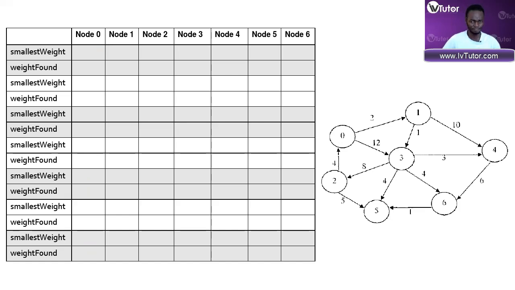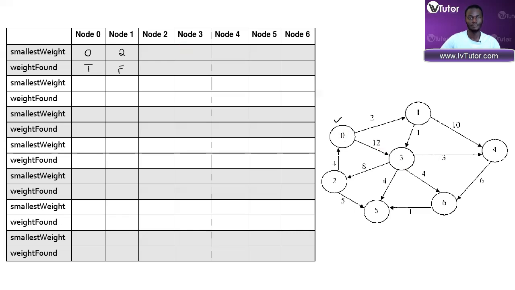When you start, you are on node 0. And you go 0, true. Always. Then you go, where can I go from node number 0? You can go to 1 with a weight of 2. So this is 2. False. You can go to 3 with a weight of 12.